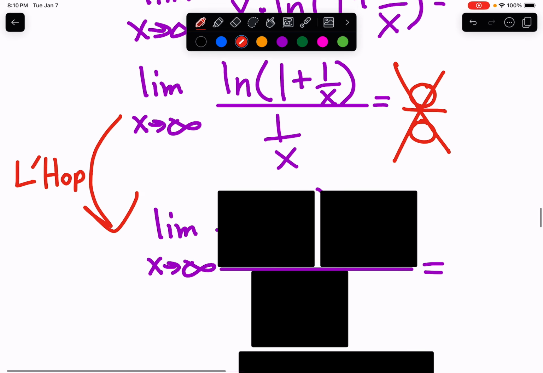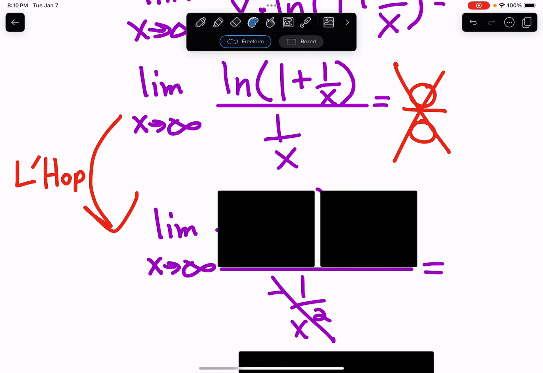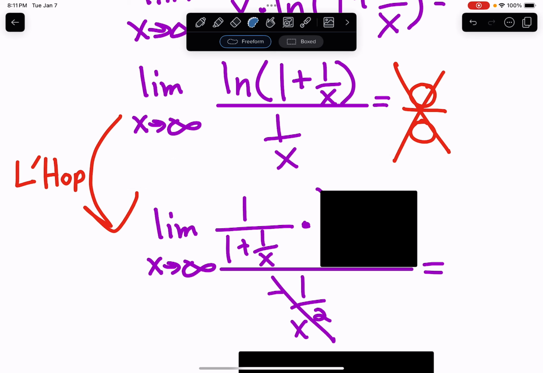Let's start with the derivative of the denominator, which is going to be negative 1 over x squared. There's a little spoiler there that will cancel out. With what? Let's find out. In my numerator, I have to apply the chain rule. The derivative of the natural log of anything is the reciprocal, so I can write 1 over 1 plus 1 over x. Now, chain rule: what's the derivative of 1 plus 1 over x?